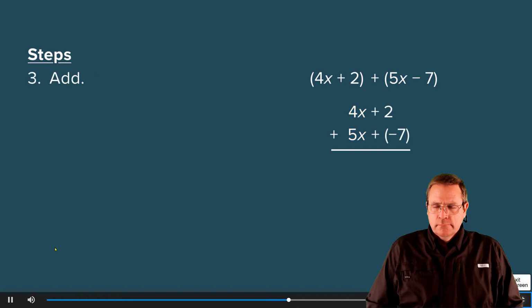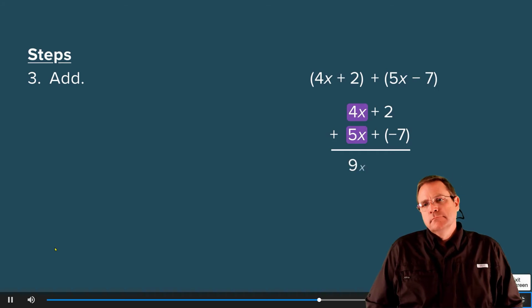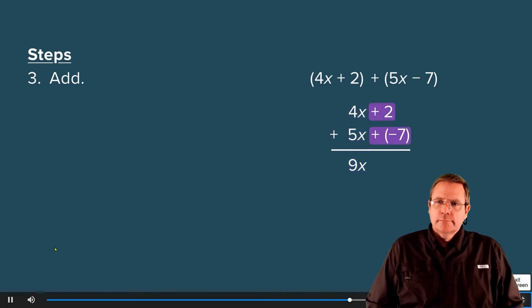Next, add the like terms in each column. Add the like terms with variables, then add the constant terms. You can rewrite addition of a negative number as subtraction. You have now found the sum of the original expressions.